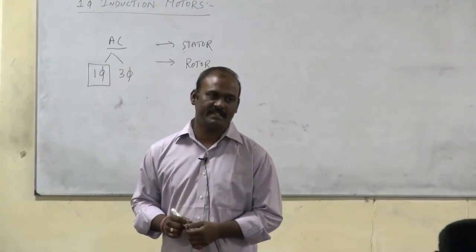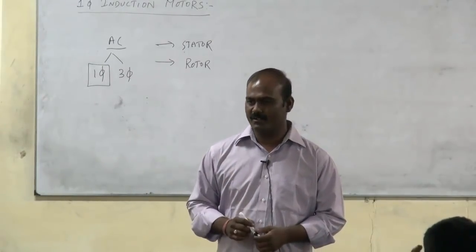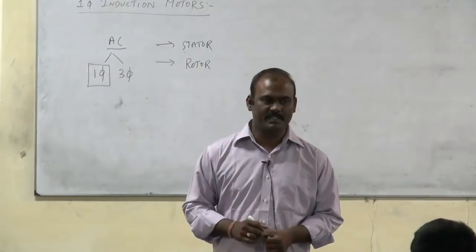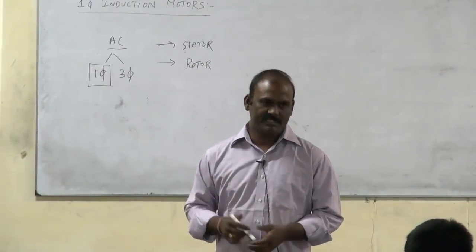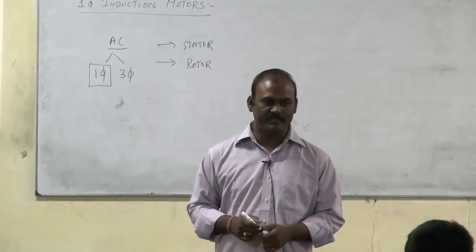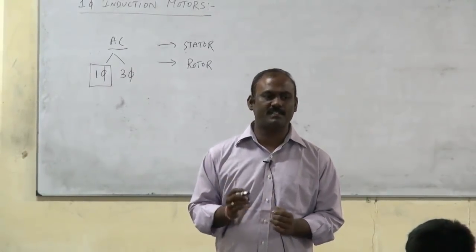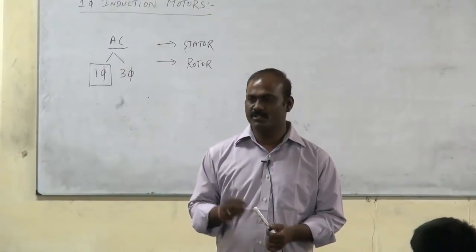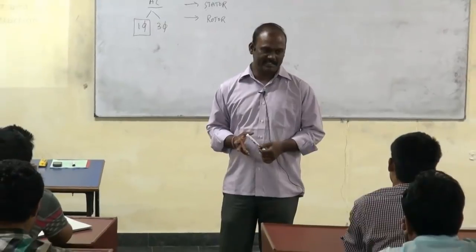That rotating magnetic field will cut the static rotor conductors so that EMF will be induced in the rotor. If the rotor is short circuited, then current will be produced, and that current flows through the circuit so that torque is produced. Due to that torque, the three phase induction motor rotates, right?